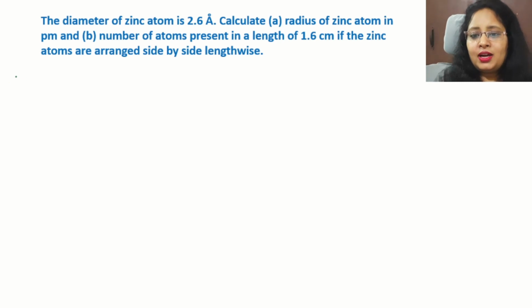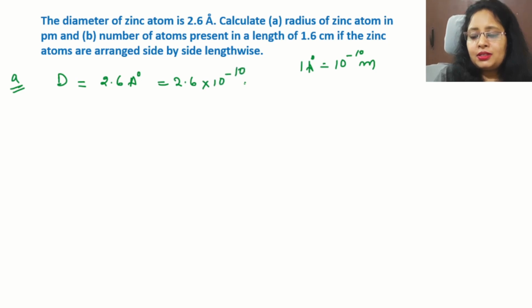Now we'll start with the A part. Here it is given the diameter D is equal to 2.6 angstrom. We'll convert this into meter. As we know, 1 angstrom is equal to 10 to the power minus 10 meter. So we can write it here 2.6 into 10 to the power minus 10 meter. Now they are asking the radius of the atom.